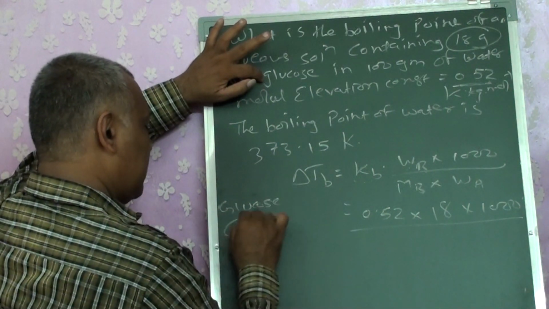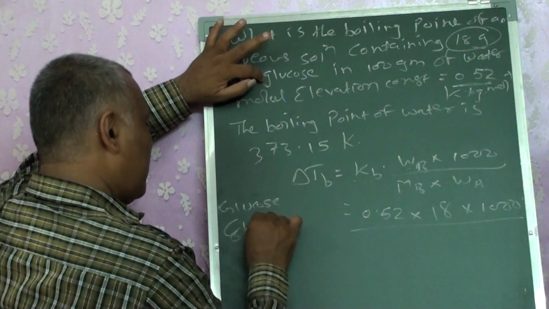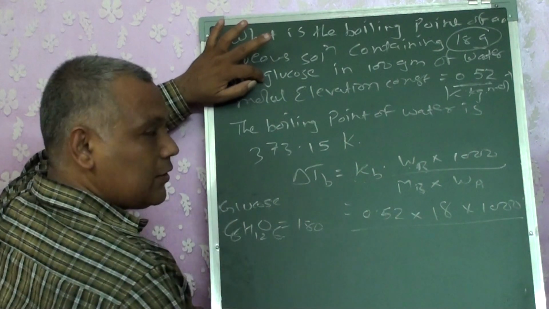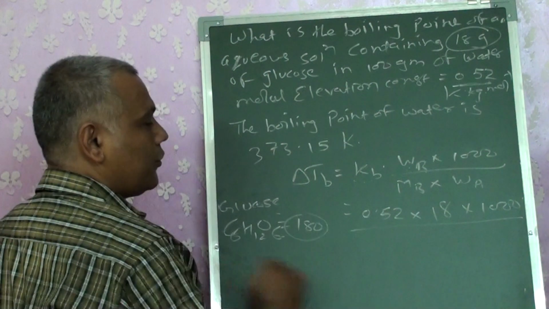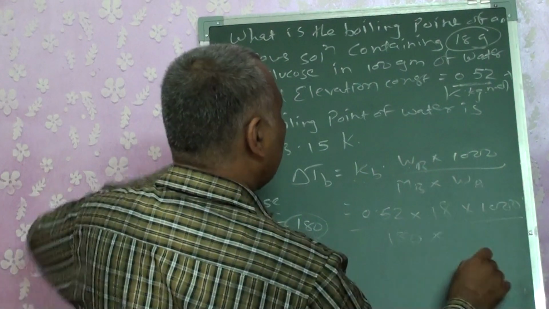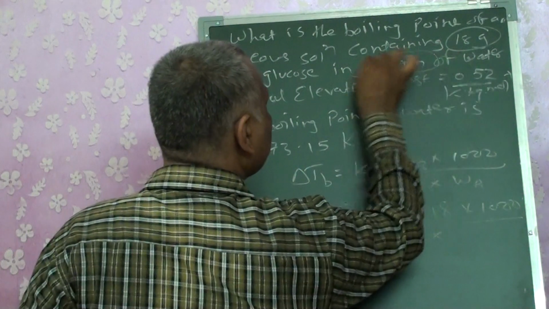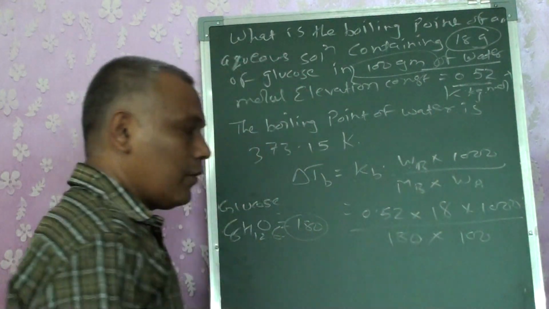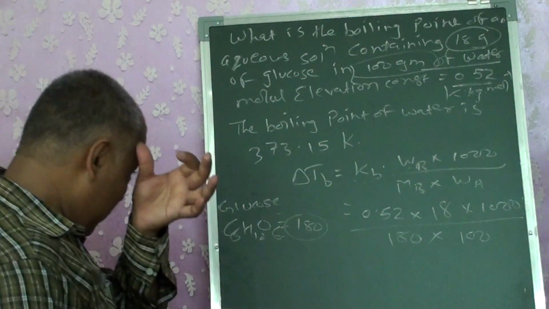Glucose is C6H12O6 and its molar mass is 180. So we substitute 180 into Wa, which is given as 100 gram of water.